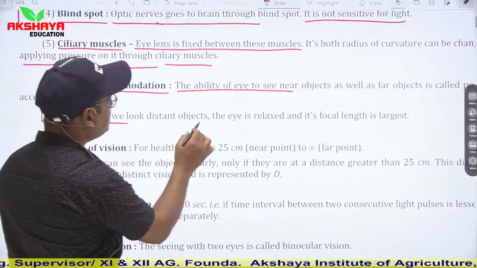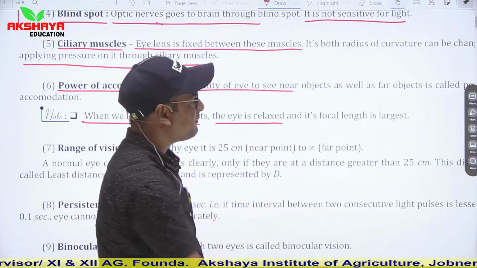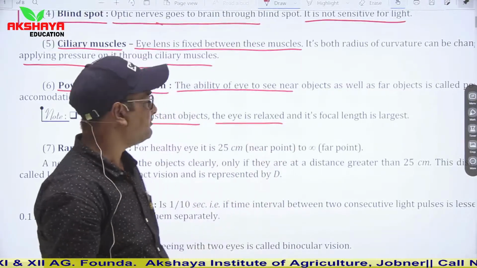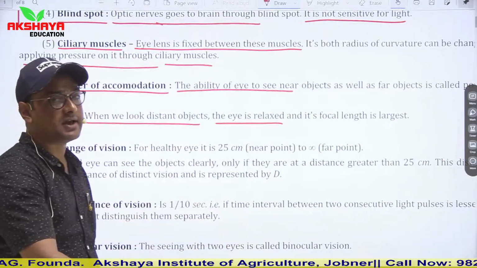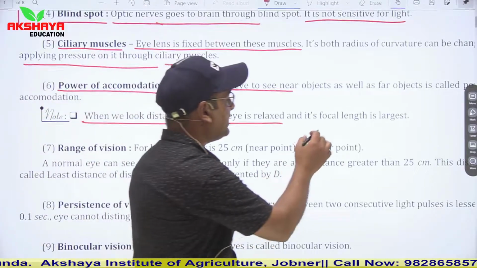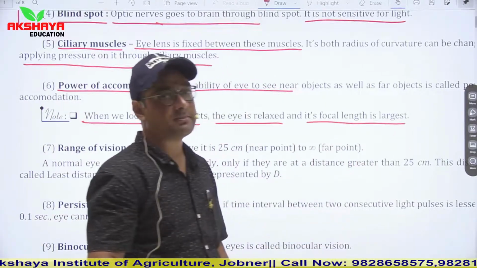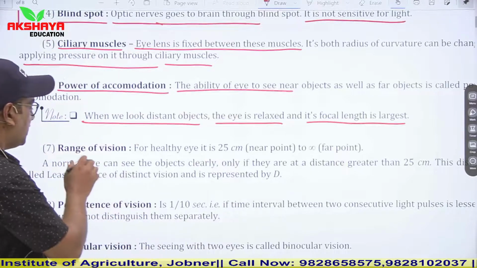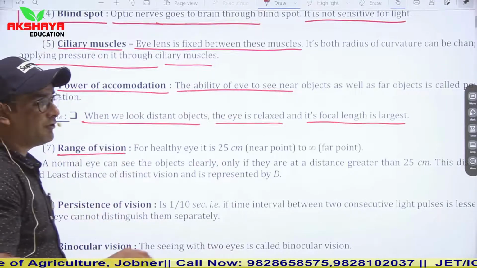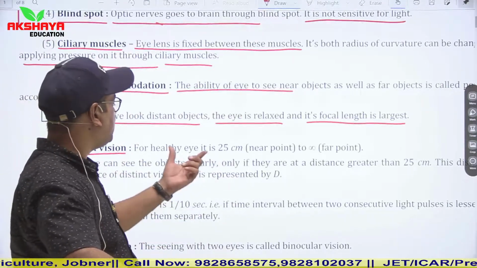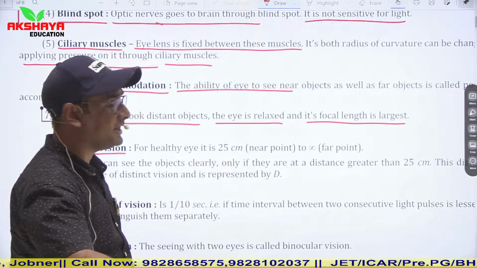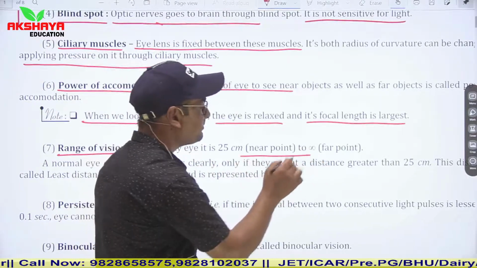When we look at distant objects, the eye is relaxed and the focal length of the eye lens becomes largest. Range of vision: for a healthy eye, this range is 25 centimeter to infinity.